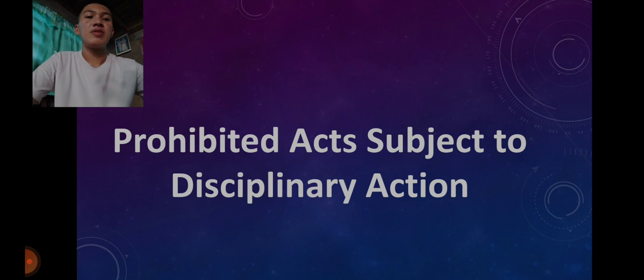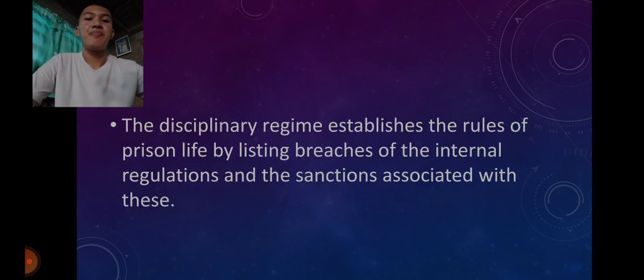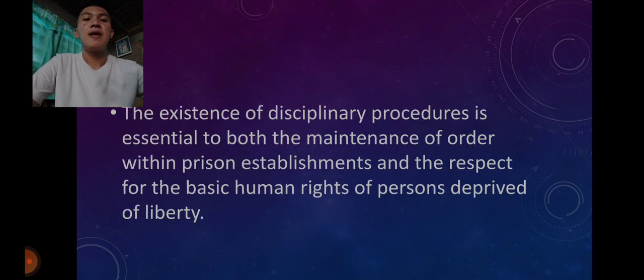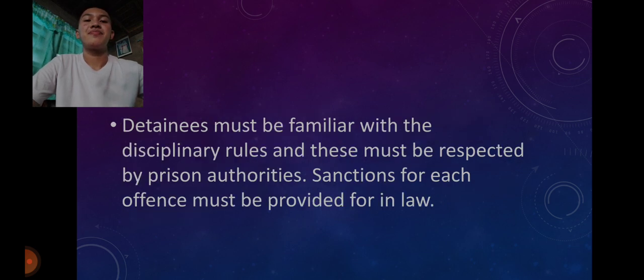Prohibited acts subject to disciplinary actions. The disciplinary regime establishes the rules of prison life by listing breaches of the internal regulations and the sanction associated with these. The existence of disciplinary procedures is essential to both the maintenance of order within the prison establishments and the respect for the basic human rights of persons deprived of liberty.